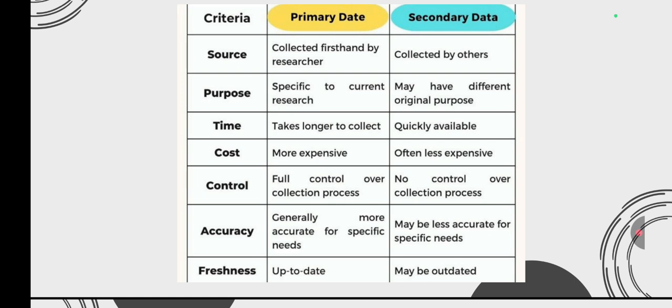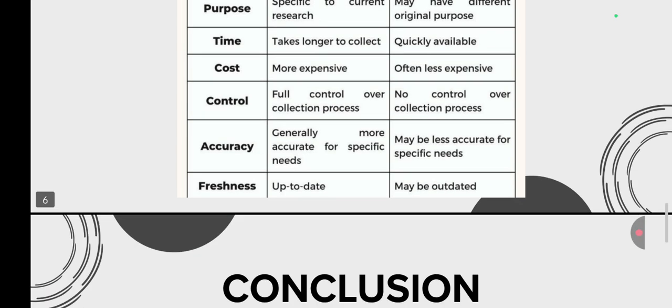About accuracy, primary data is generally more accurate for specific needs, while secondary data may be less accurate for specific needs. About freshness, primary data will be up to date, while secondary data can be outdated.